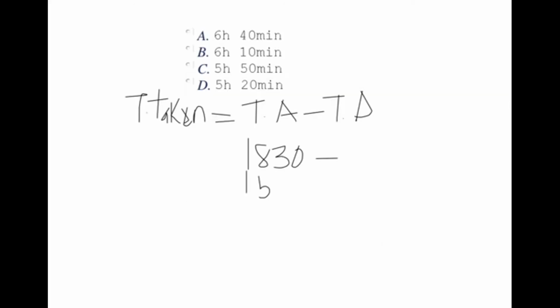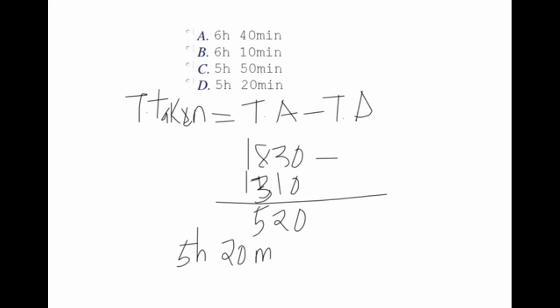So minus 13, 10. 0 minus 0 is 0, 3 minus 1 is 2, 8 minus 3 is 5. So we have 5 hours and 20 minutes.